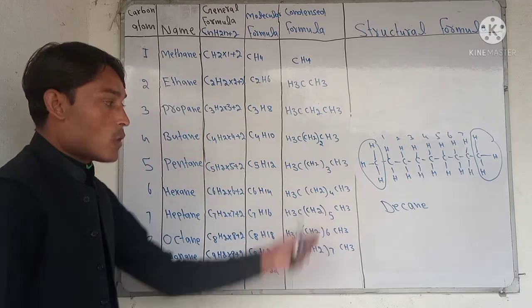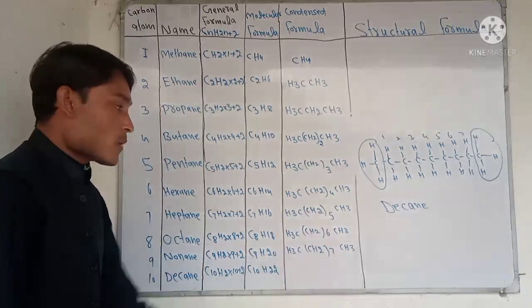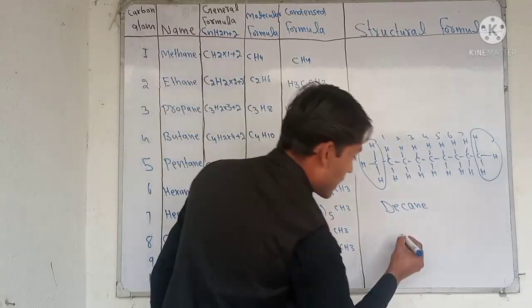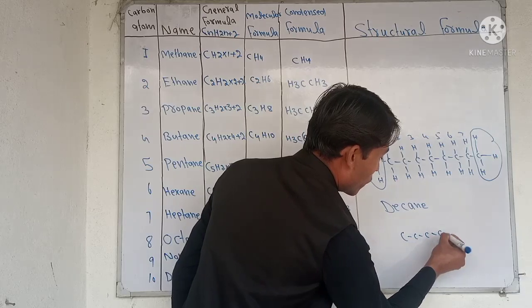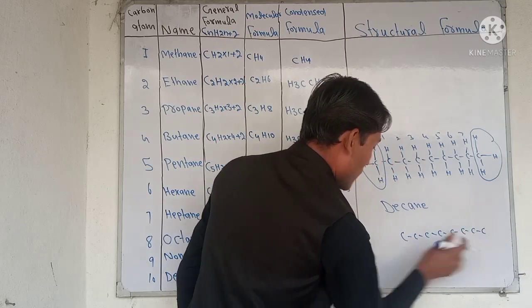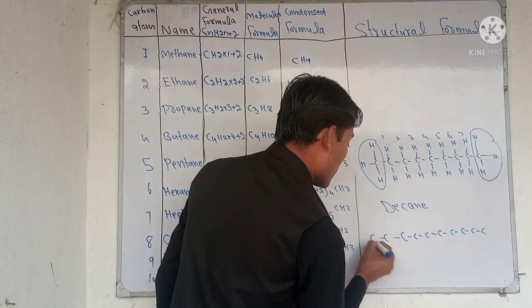Now as you know, if you want to draw the condensed formula, first of all we have to draw the structural formula. So let's draw it again. Carbon 1 2 3 4 5 6 7 and 8, 9, 10, so we can also draw carbon and carbon as well.